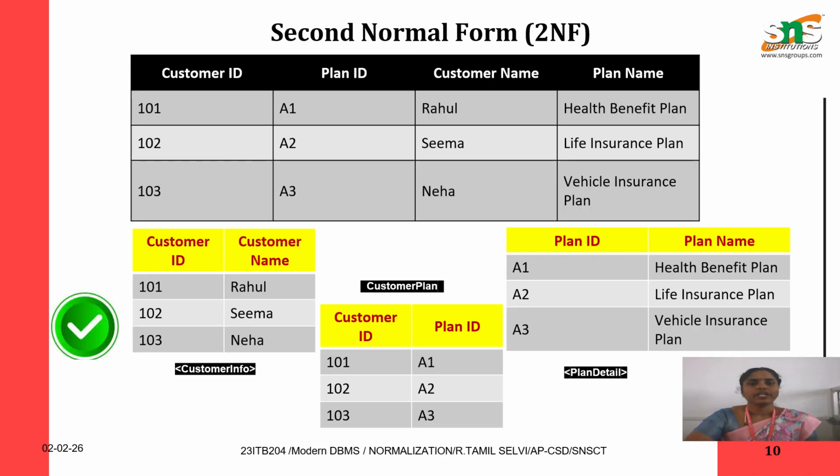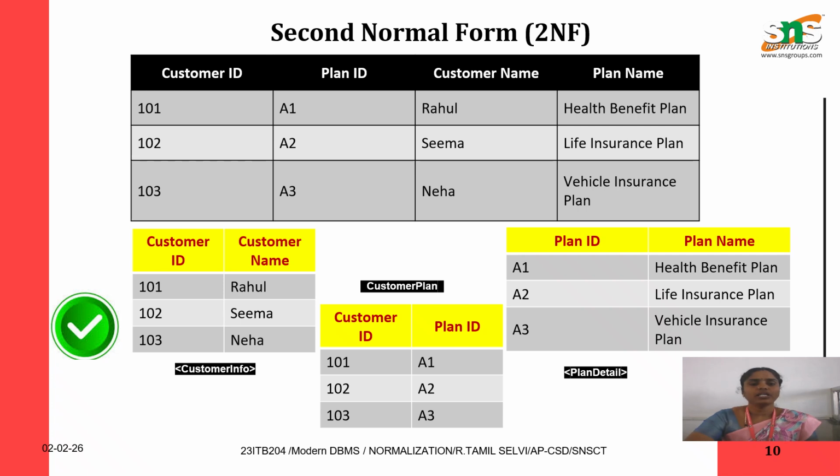Consider this example. We have to remove the dependency and convert this table into second normal form. We can divide this table into smaller tables, like customer info and plan detail, and to make the relationship between the customer info and plan detail, we are creating a table named customer plan.